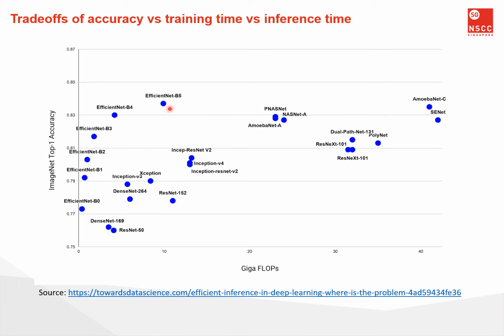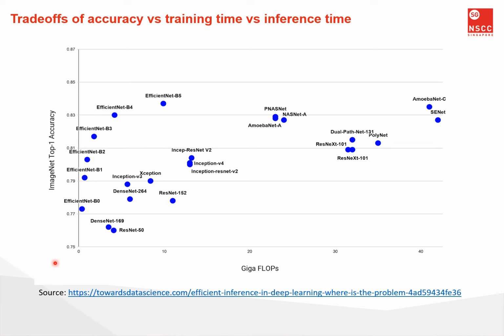But of course, there is a maximum level that it can go before it maxes out. Still, it's quite impressive that this family of neural networks can achieve efficiency much higher than the other families of neural networks. So that's the trade-off in terms of the training time versus the accuracy.